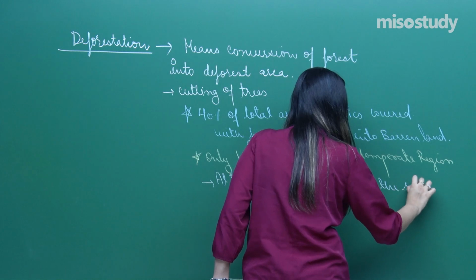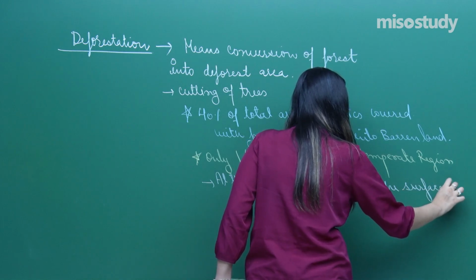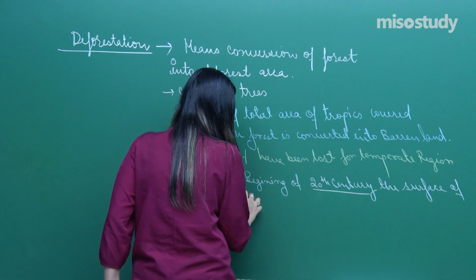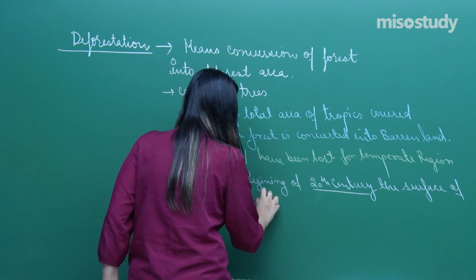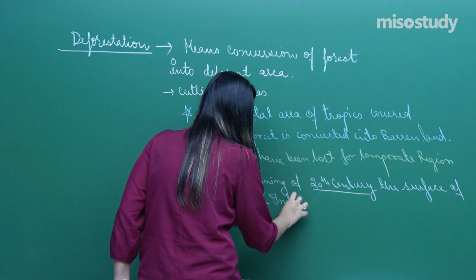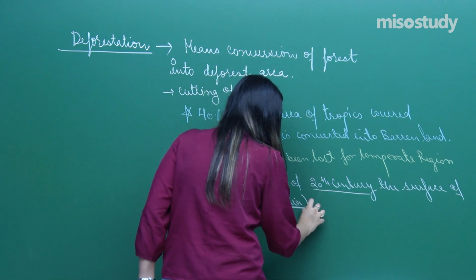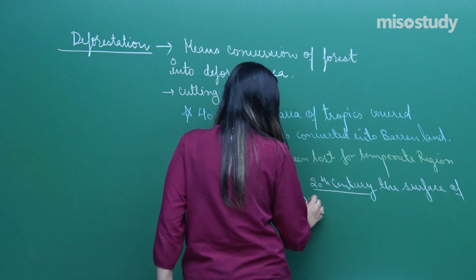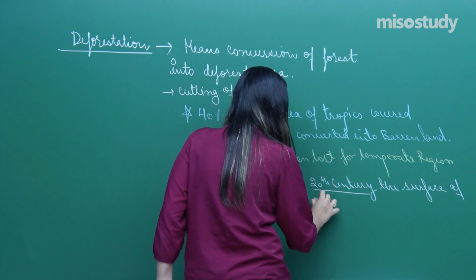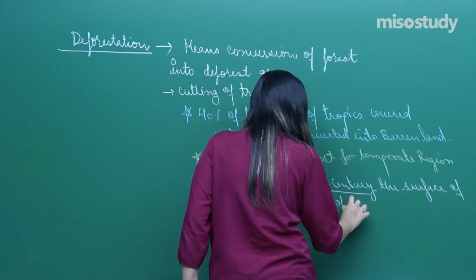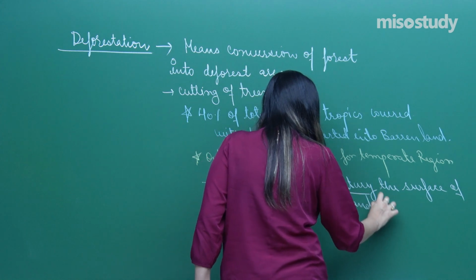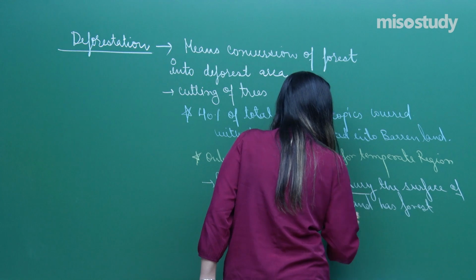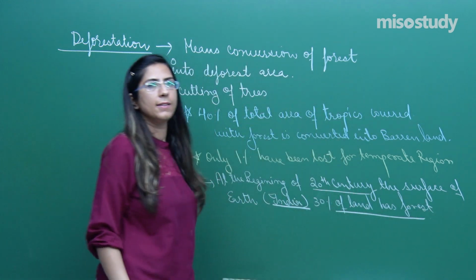I am talking about India only, right? 30% of the land had forest.